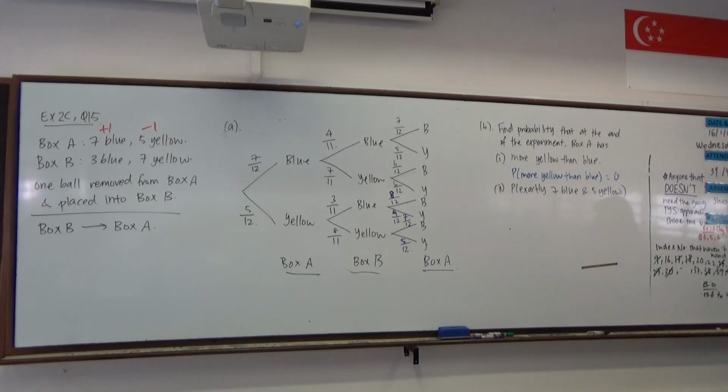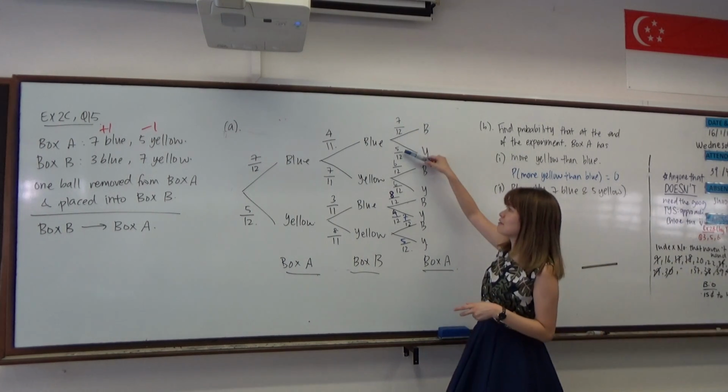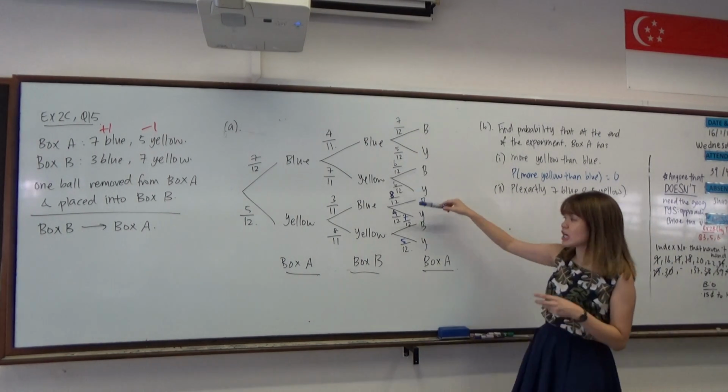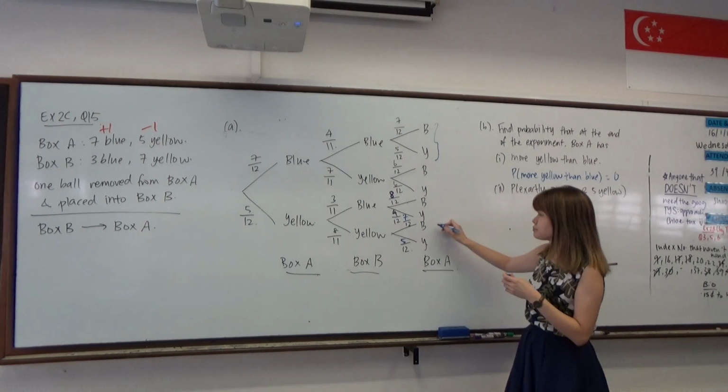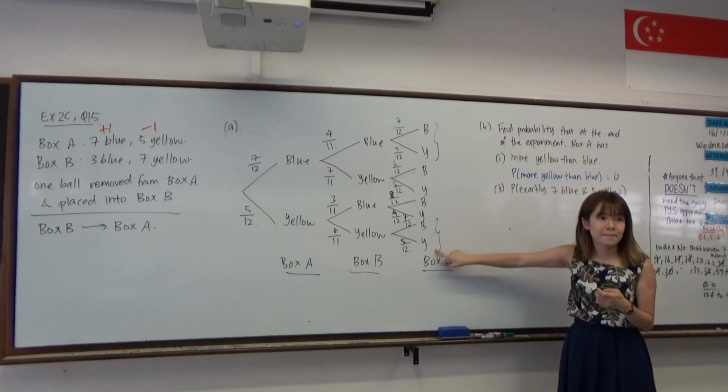Then after that, part 2, where we want to find the probability that there are exactly 7 blue and 5 yellow. Okay, exactly 7 blue and 5 yellow. Right, so we just have to check the numerator. Okay, and that will actually be over here and over here.